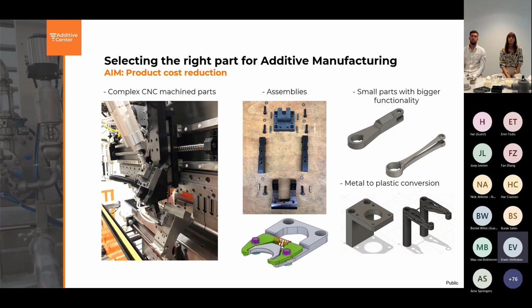So simply moving it to plastic and 3D printing it, and ensuring that it's going to be strong enough, we were able to transfer its functionality and its production method from CNC machining to 3D printing. What you see in the photo is a topologically optimized form, which would work more or less the same as the original one.